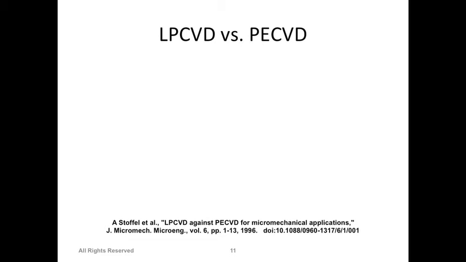The deposition rates in LPCVD are low, about 20 angstroms per minute. I would say about 2 to 3 nanometer per minute, very low deposition rates, in the case of LPCVD.